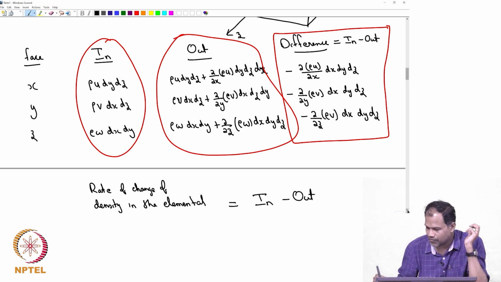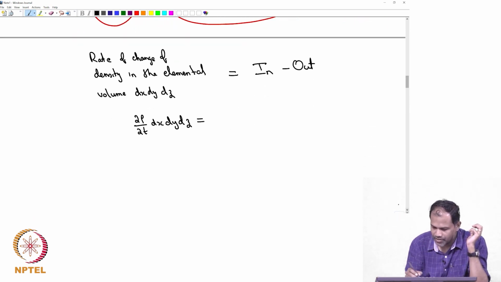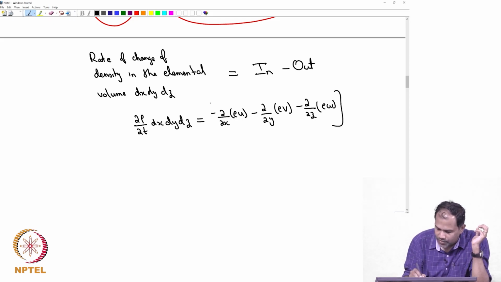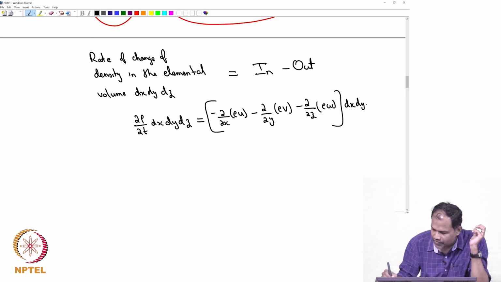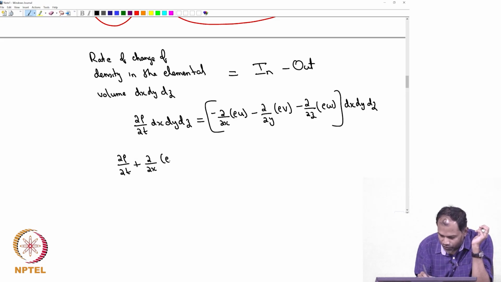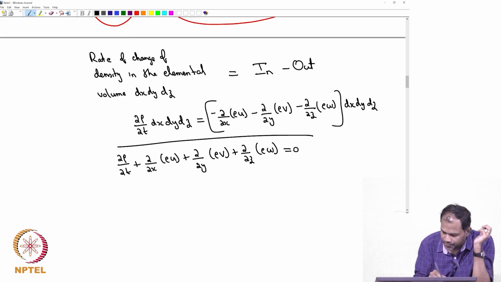So, I will add all of them: minus del by del x of rho u minus del by del y of rho v minus del by del z of rho w times dx, dy, dz, or simply del rho by del t plus del by del x of rho u plus del by del y of rho v plus del by del z of rho w is equal to 0.